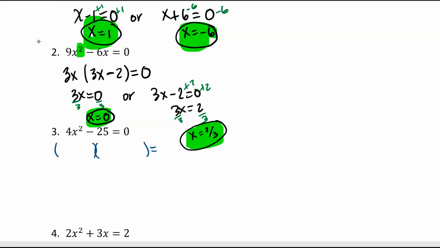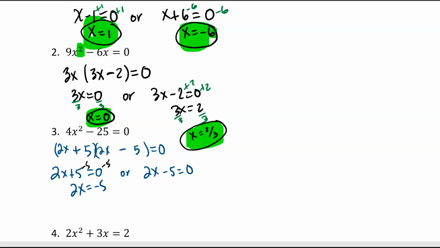So taking the square root of those perfect squares, we're going to have 2x and we're going to have 5. The signs will be different, plus, minus. Then we set each factor to 0 and we solve for the variable. On the left side, what we need to do is subtract 5 first, and we're going to get 2x equals -5.